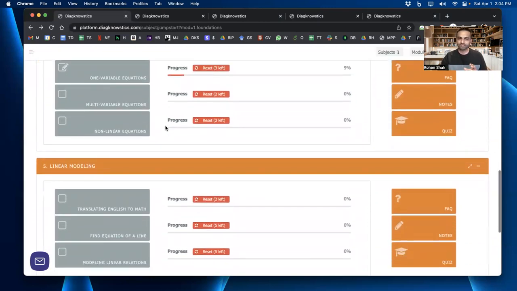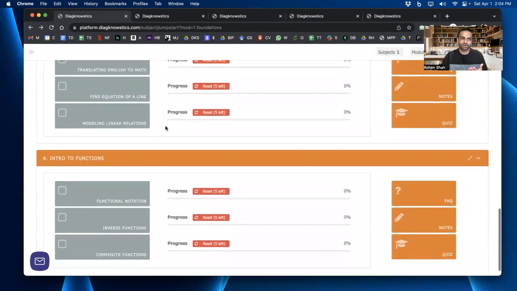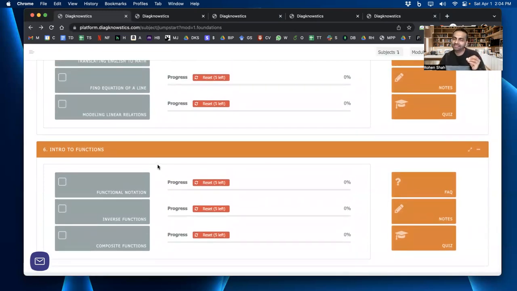Even within that, sometimes a student might not know what they don't know. So within a topic, even if they think, oh yeah, I totally understand linear equations or function notation, they might not know that there's a little concept within that they don't know. So for the concepts within that they know, they'll be able to get it right.